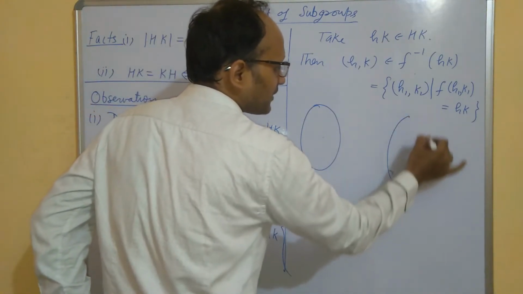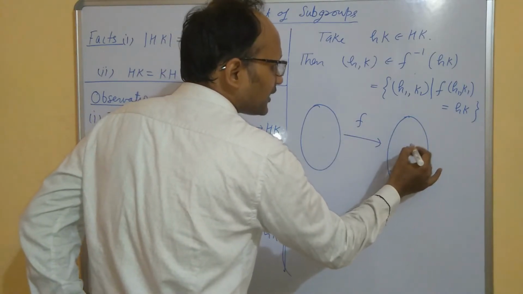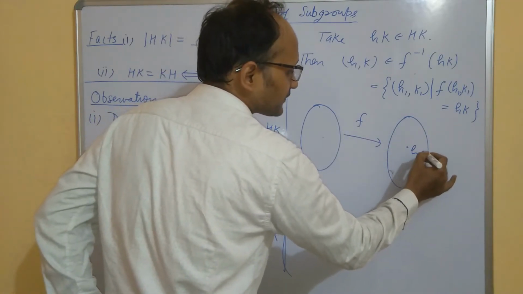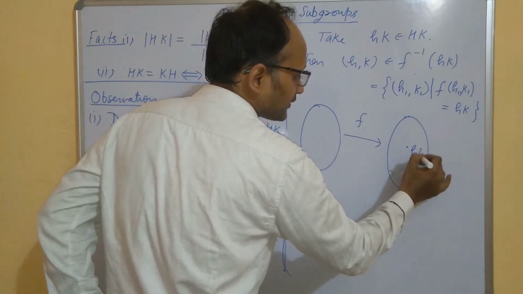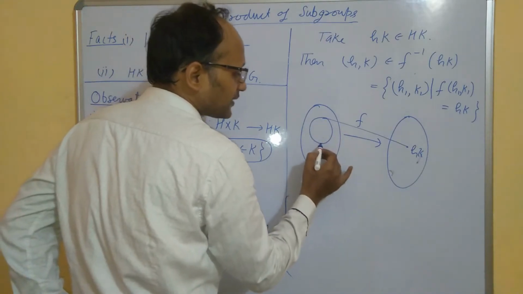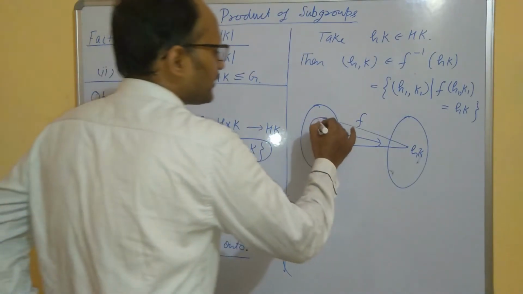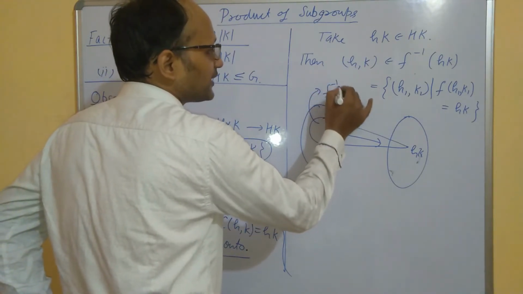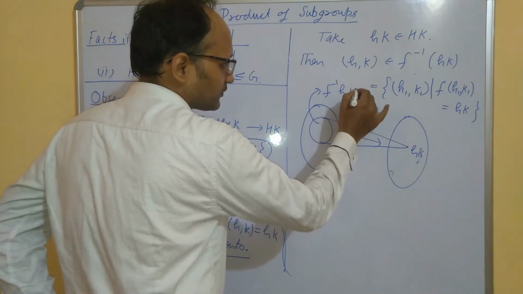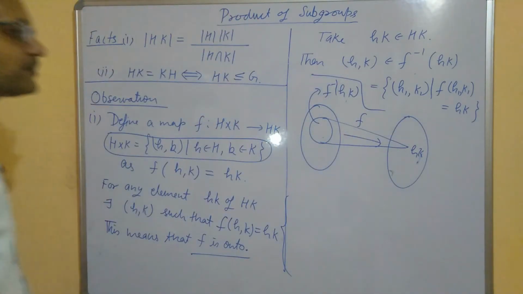So if this is the map f and I have taken one element hk, then its inverse image will be a subset here, and we are talking about that subset. This will be f inverse, and for defining this subset we need not take f to be a bijective map.